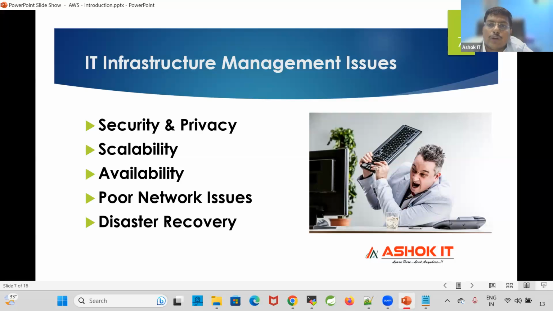And suppose if your building collapsed, you cannot say that today our building collapsed due to some earthquake, our applications are damaged, our data is lost. You cannot say that to the customer. If you are managing the infrastructure, these are the major issues you have to deal with: security, privacy, scalability, availability, network issues, and disaster recovery.